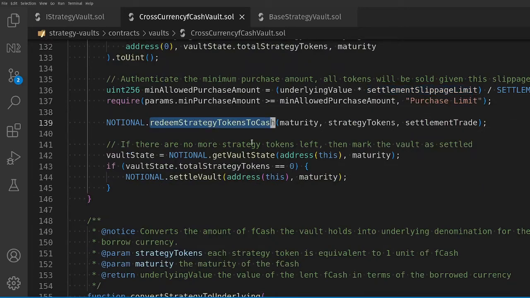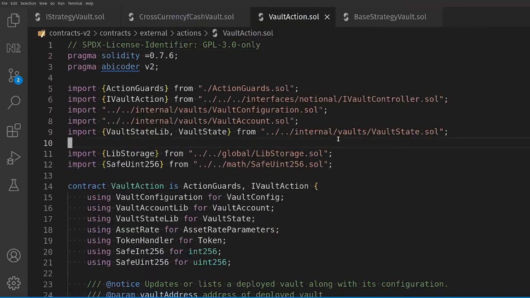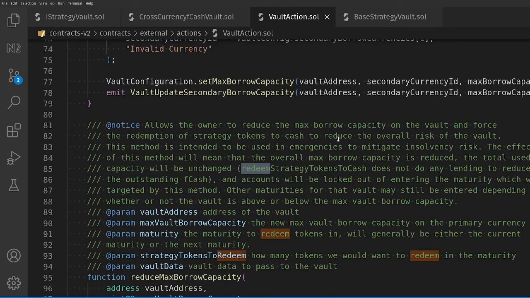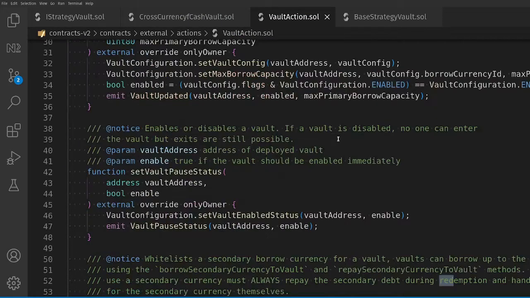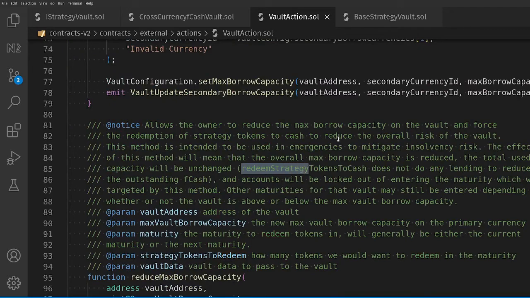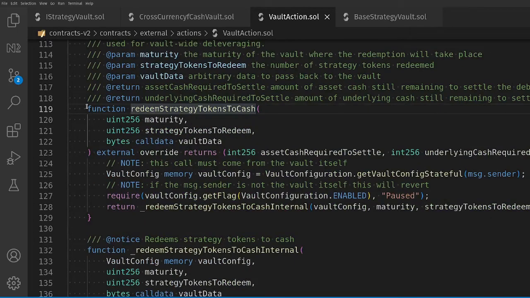From there, what we're going to do is call redeem strategy tokens to cash, and this method is on the vault action. So this method is on the notional vault controller itself.